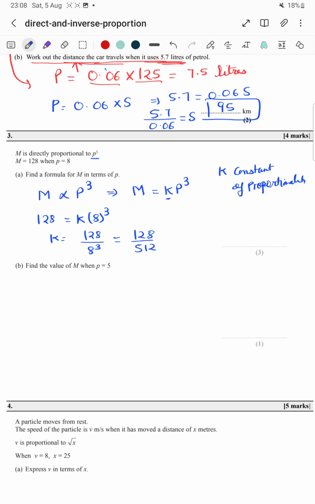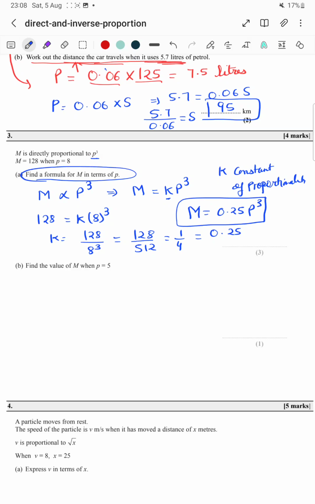So if I divide by 512, I will be getting 1 over 4, 0.25. So I can say M is equal to 0.25 P cubed. This is a formula which is connecting M and P.